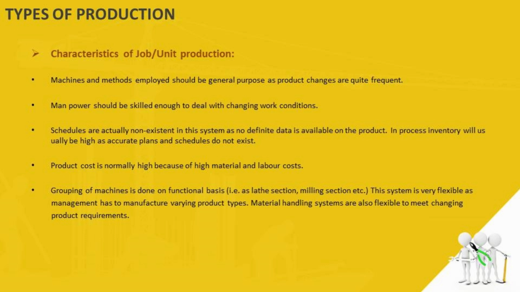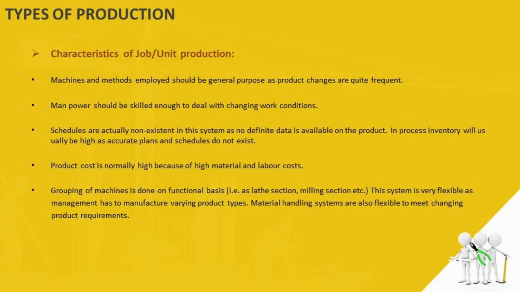But in this kind of production system, manpower has to be very much skilled because of the frequent changes in customer's specification. And schedules in this kind of production system are actually non-existent. Why so?